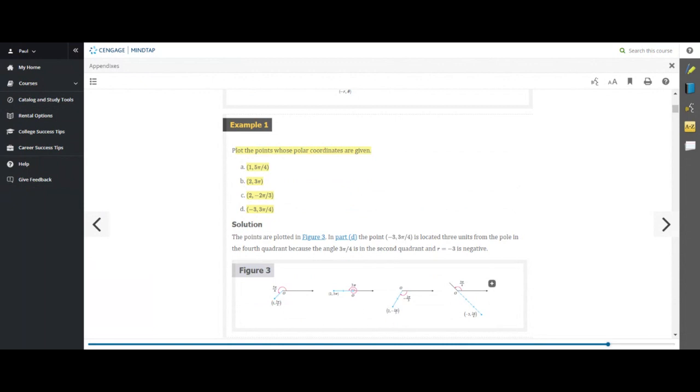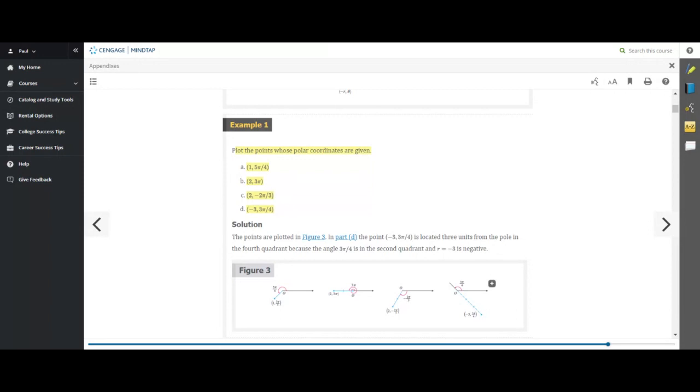And they have 5 polar coordinates there. So the first polar coordinate is (1, 5 pi over 4). Well, pi over 4 is 45 degrees. So 5 times 45 degrees is 225 degrees. So in figure 3, they graph the polar coordinate (1, 5 pi over 4).